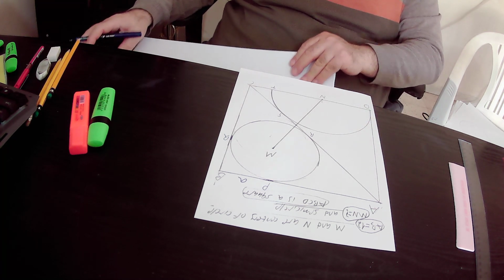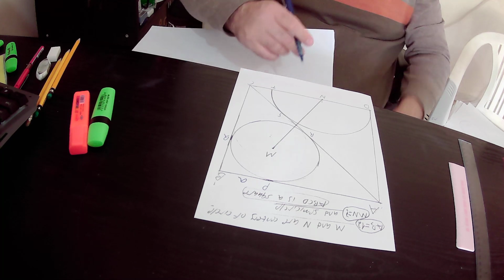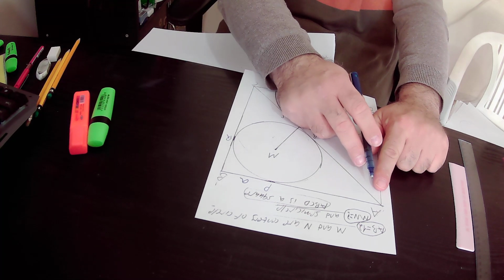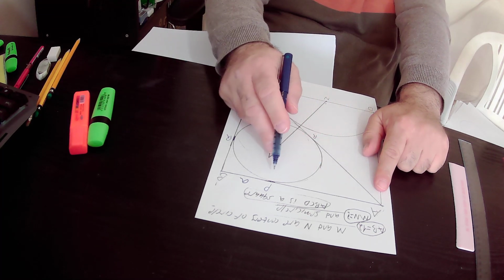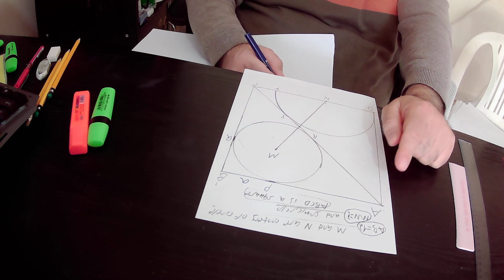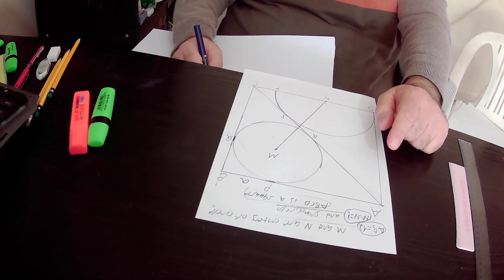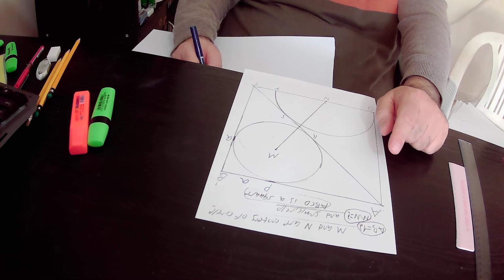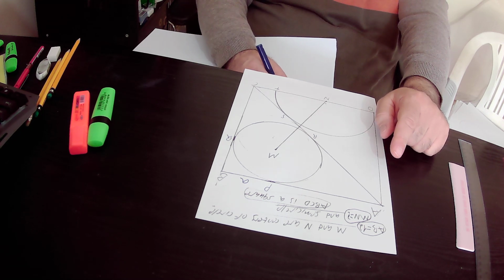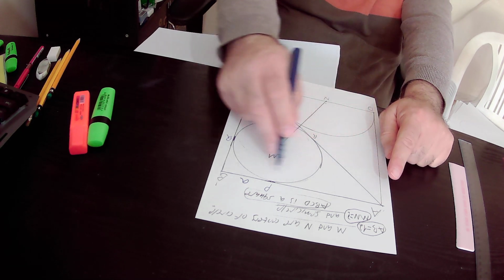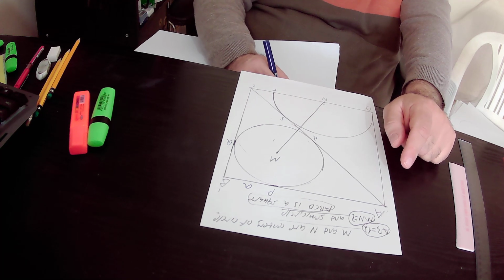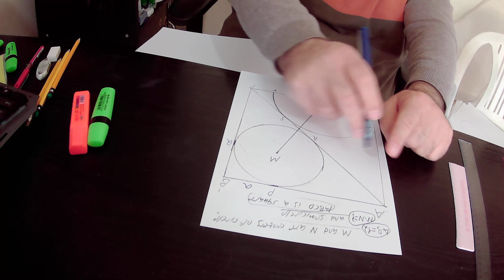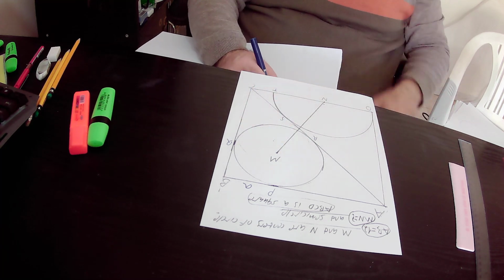So actually, what is the length of AP? You can see it from the drawing. It is very easy to see that the length of line segment AP is equal to AB minus PB.